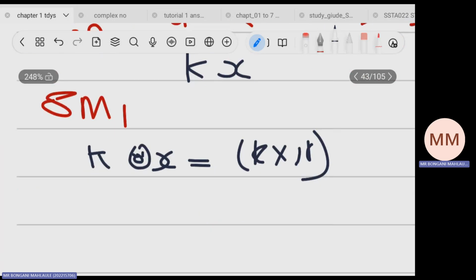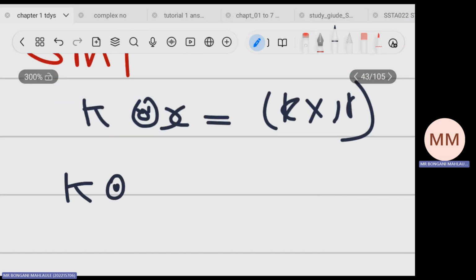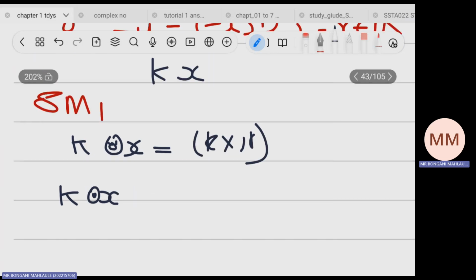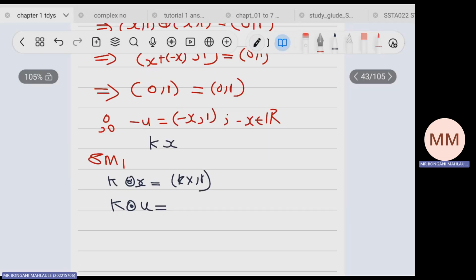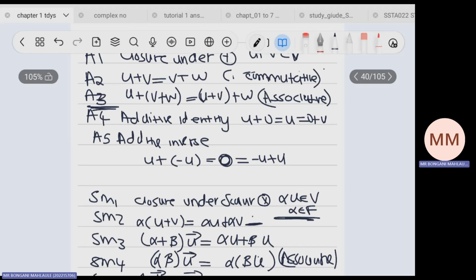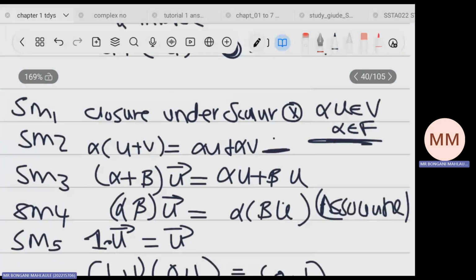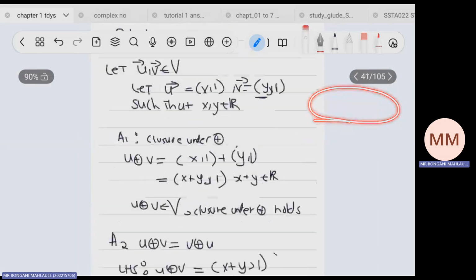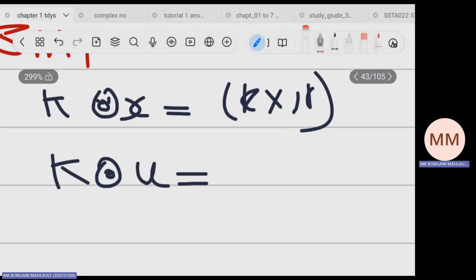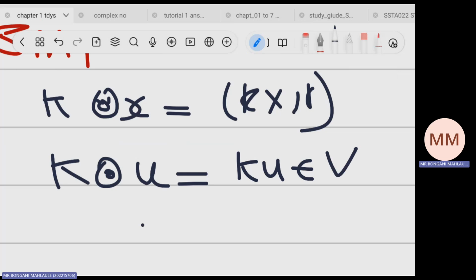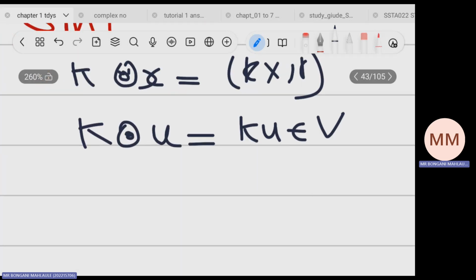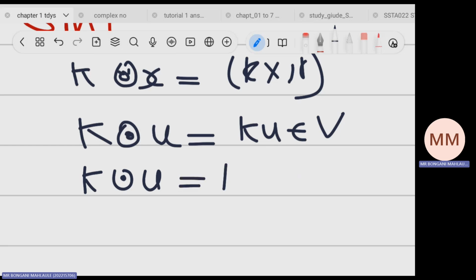So we just want to verify that when you multiply two scalars, suppose you multiply k with u, according to our axiom, this must be an element of our vector. So we're expected to get ku being an element of our vector. So that's how the axiom is. So in this case, it means that this will be equal to k multiplied by u, comma 1.